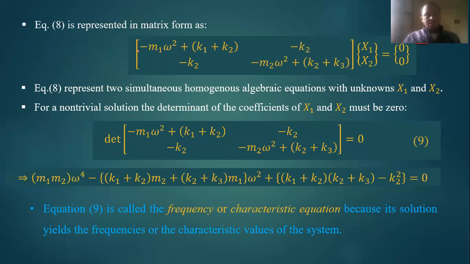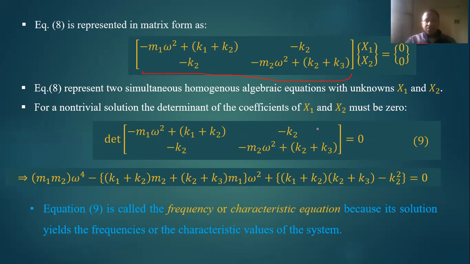Yeah, this is the general form of the equation in matrix form. This equation represents two simultaneous algebraic equations with unknowns X1 and X2. For a non-trivial solution, the determinant of this quantity is equal to 0.